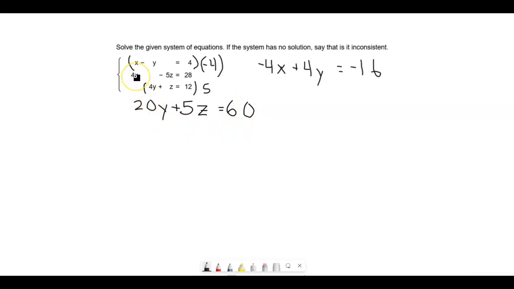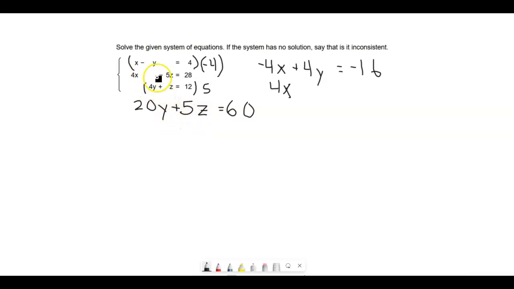And then I add it to this second equation here. So the second equation is going to be added to this modified first equation. And I'm just going to have a 4x there because there's no other x's. So 4x. All right. And then negative 5z plus positive 5z, those are going to cancel out.